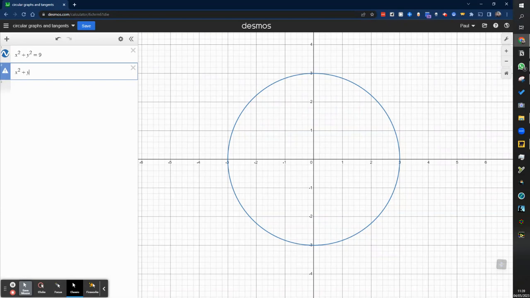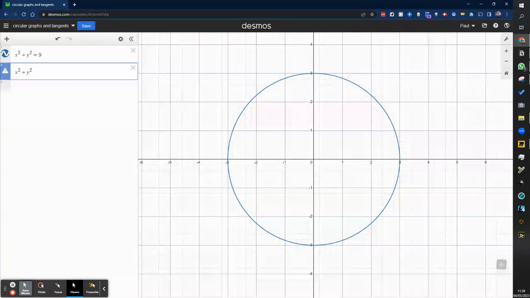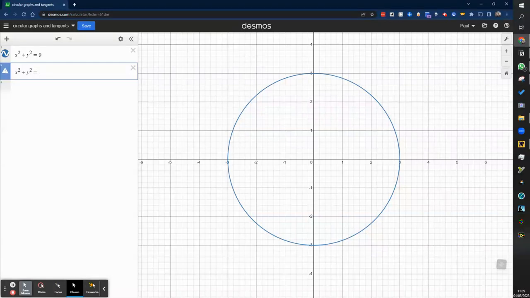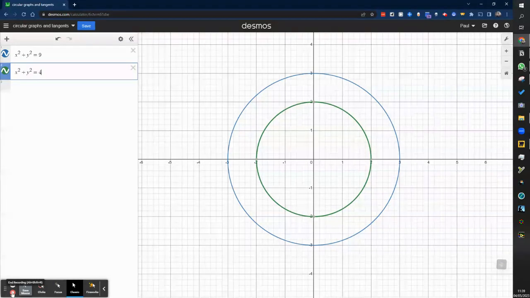Okay, so that's how you do an equation of a circle. We'll stop the video there, building up to tangents.